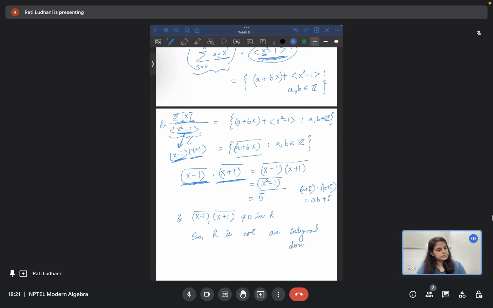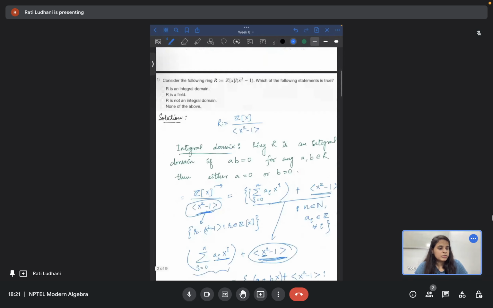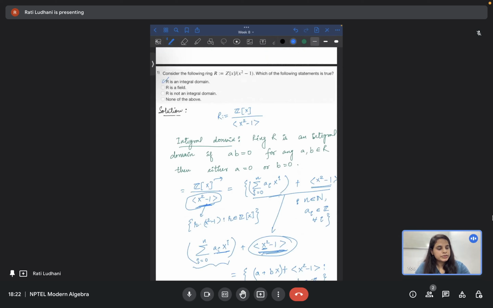Okay, I hope this is clear. So the first option is definitely not true, and C is true, because R is not an integral domain.